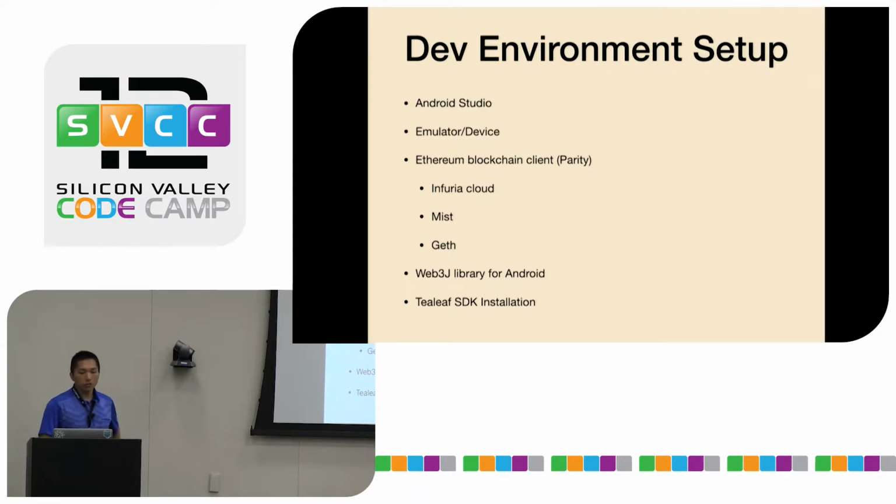You can also choose Infura cloud. The difference is with Infura cloud, you don't have to sync any of the blocks. The blocks will be handled by the cloud server, so you don't have to wait, sometimes hours, depending on the total block size.